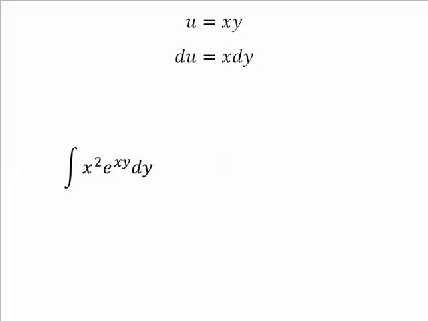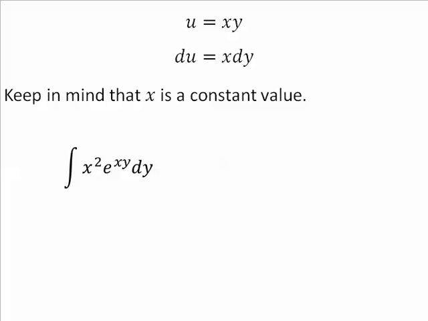And so let's do an indefinite integral for this. We need to find the antiderivative. I'm going to set u equal to the exponent xy. So u is equal to xy, and then du is x times dy. Keep in mind that x is a constant value.